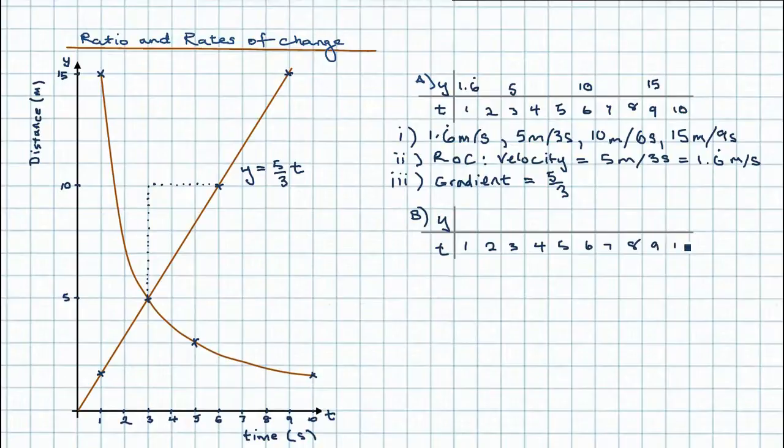So let's fill in now our rates. The rates that we've got already marked on our curve are when t equals 1, y equals 15. When t equals 3, y equals 5. So this is the crossing point with the first straight line. When t equals 5, y equals 3. And when t equals 10, y equals 1.5.